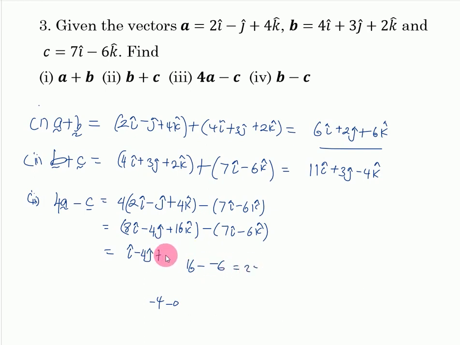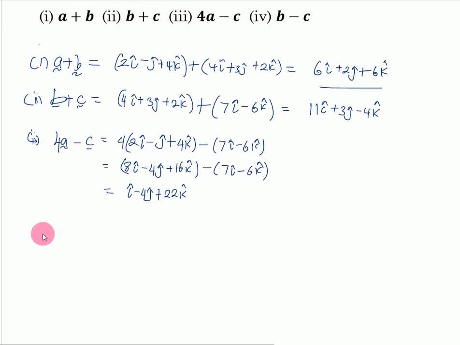So this is plus 22k. That is what we have there for 4a minus c.